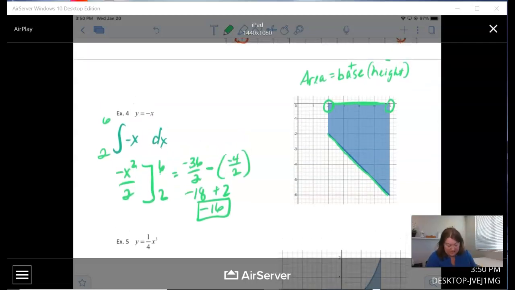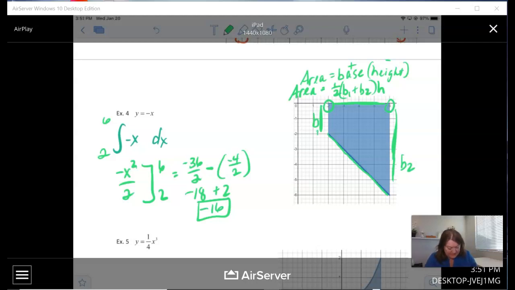So could I check this with the formula for trapezoids? So the formula for trapezoids is area equals 1/2 base times base 1 plus base 2 times height. So here are our two bases. There's this base over on this side. There's this base over on this side.